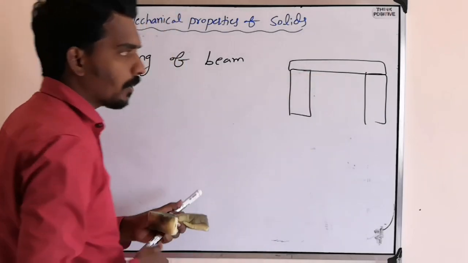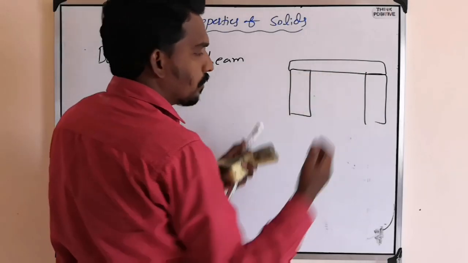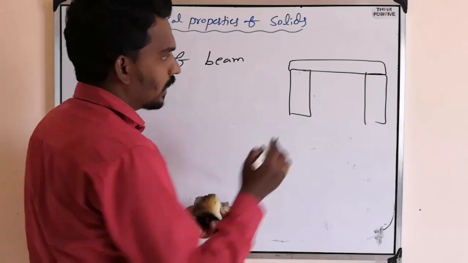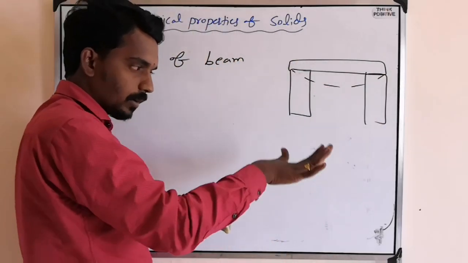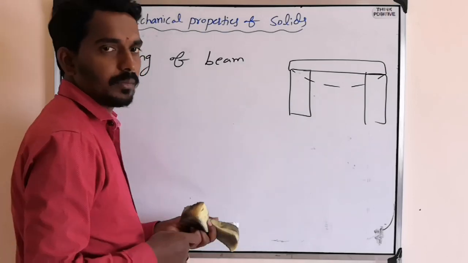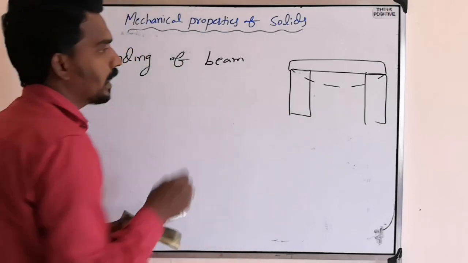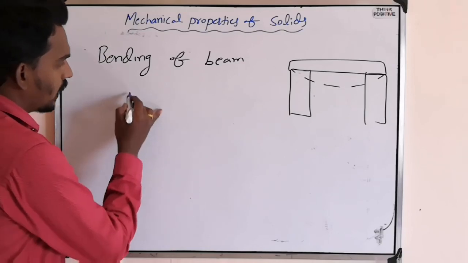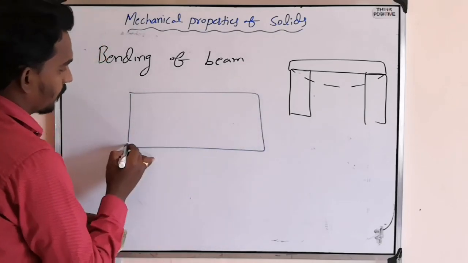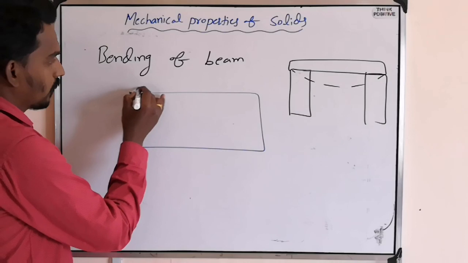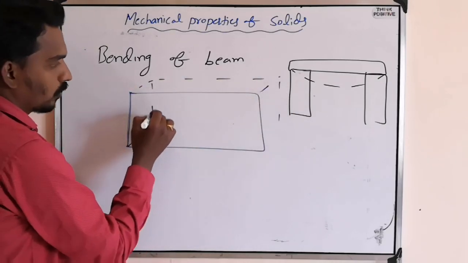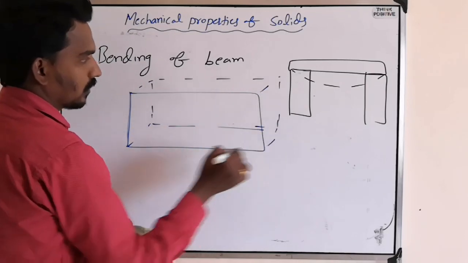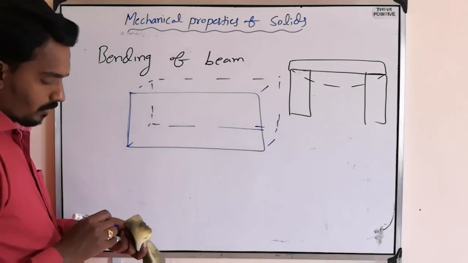So where there is a beam, a slight depression happens. It won't become very large, a slight depression will be there. That is called bending of beam. If you take a beam, actually it will be like this, but I am not drawing fully. Just take the front look.